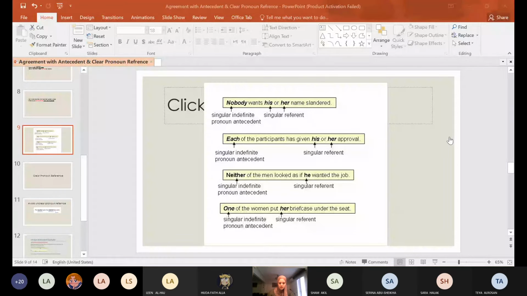Noor, number 5. Anyone who reads a story. Excellent.